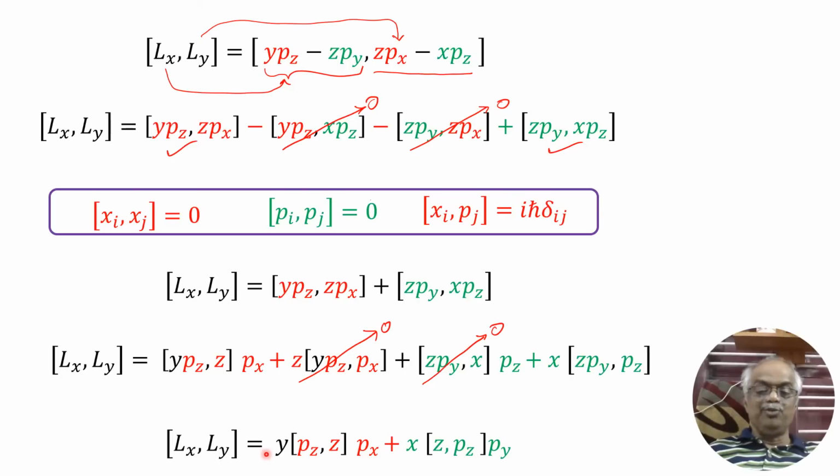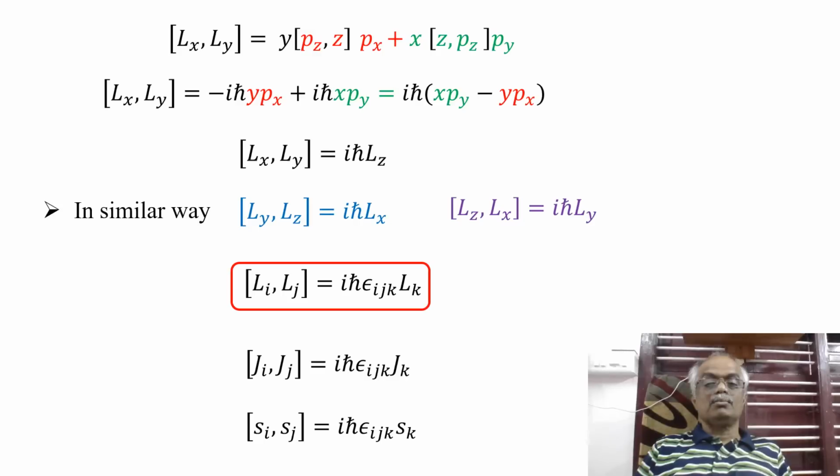So now we got the result: y commutation of pz with z px plus x commutation of z with pz, then this multiplied by py.